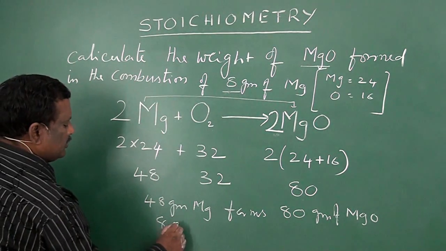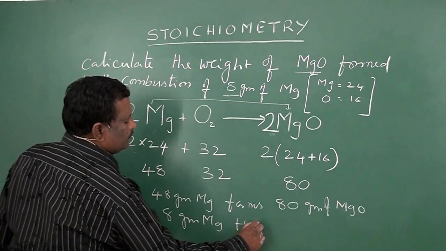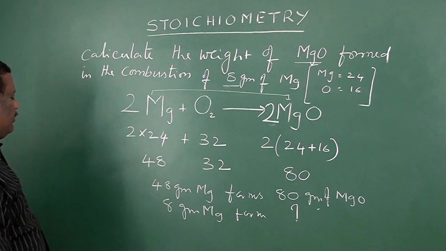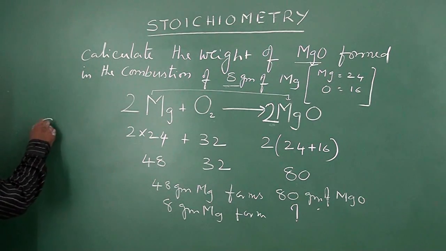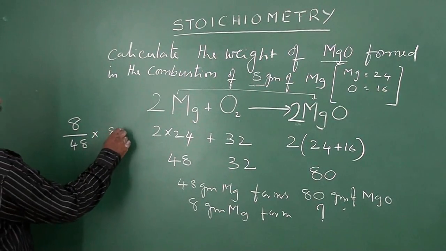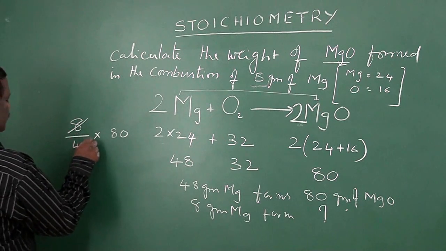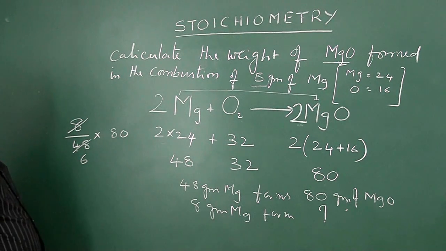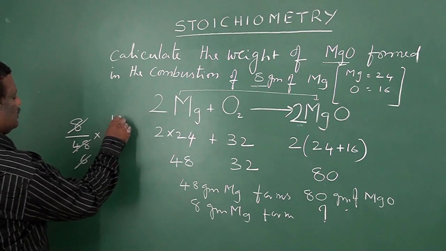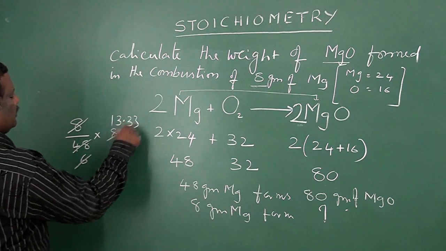Then what are they asking? 8 grams of Mg can form how many grams of MgO? So lesser amount, so it will be 8 by 48 into 80. 8 by 48 is 1 by 6, so 80 by 6. 6 times 13 is 78, and the remainder gives 0.33.